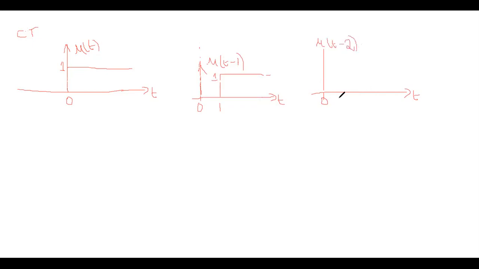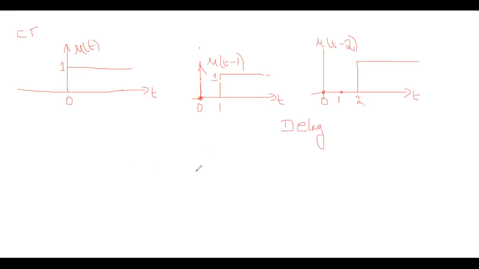Two samples: one sample is here and it starts at the second sample, which means shifted with two samples. Here it is 0, and at 0 also it is 0. And so on. We can call these delay functions.